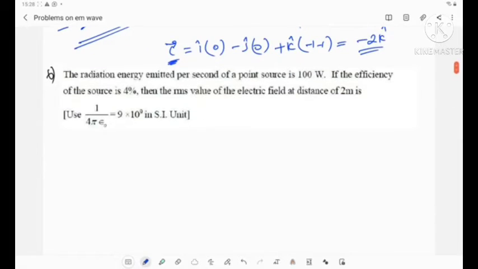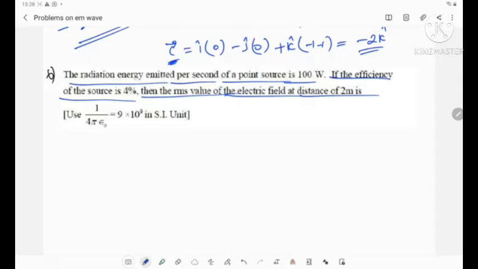Next, problem number 6. The radiation energy emitted per second of a point source is 100 watts. If the efficiency of the source is 4%, then the RMS value of electric field at a distance of 2 meter is. See here, intensity due to a point source I is equal to P by 4 pi r square.